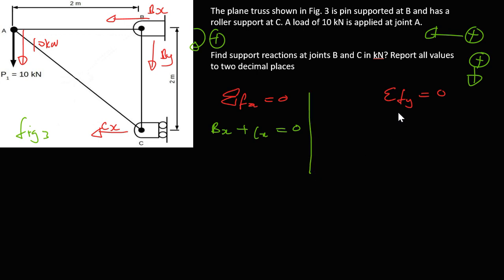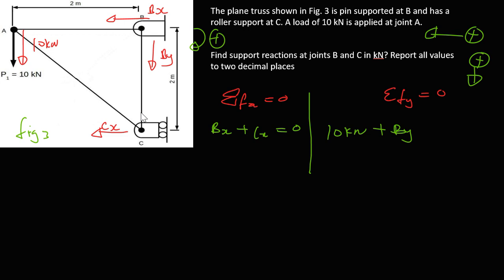Let's look at sum of forces along y. Along y, we said down is positive, and downward we can see that we have force P, or the load, which is just 10 kilonewtons downward. That's why it's positive. And we also have another force, By, which is also positive. Do we have another force?